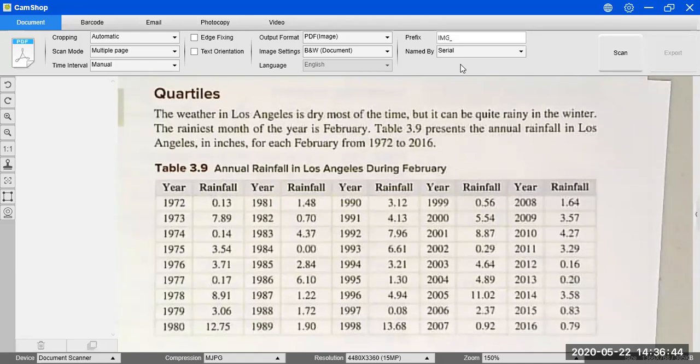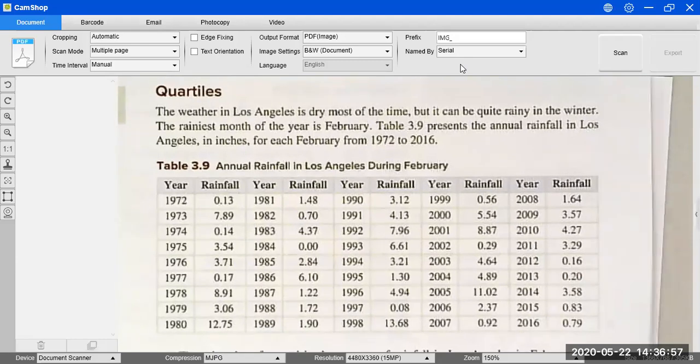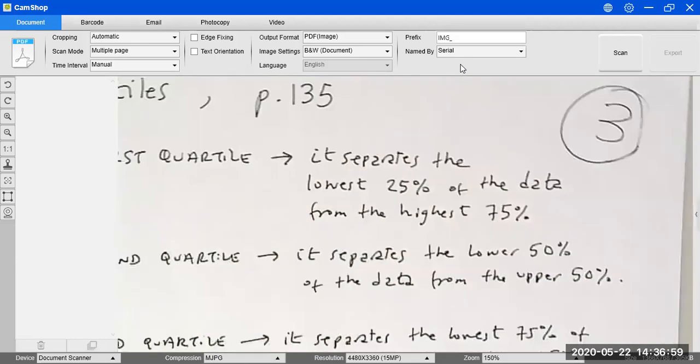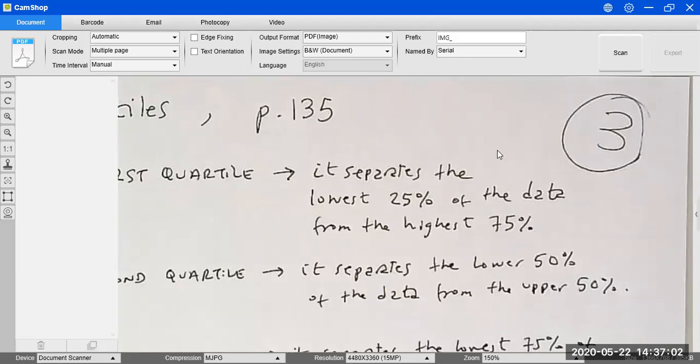For example, we have here a table with annual rainfall in Los Angeles during February. In order for us to get the quartiles, we're going to need to put these values in order. So let me just show you a summary of the work that we're going to do now with quartiles.